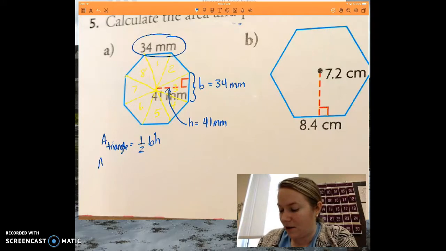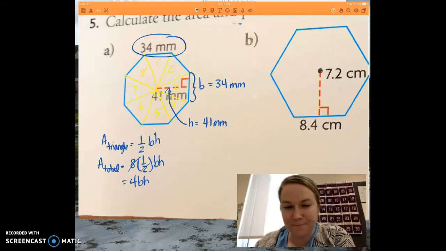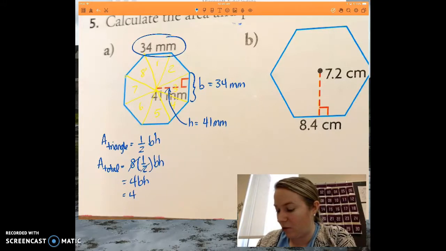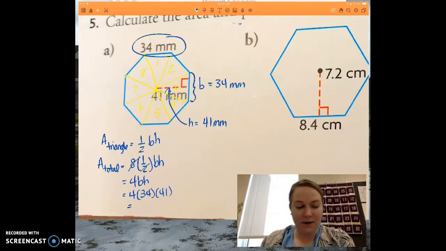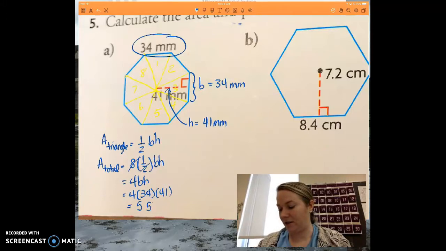8 of them. So the area total is 8 times 1/2 base times height, which is the same as 4 base times height, which in this case is 4 times 34 times 41, which, using my handy dandy calculator, is 5,576 millimeters squared.